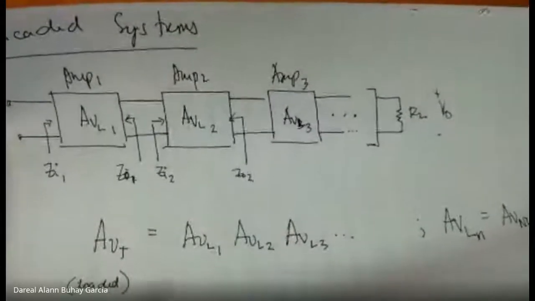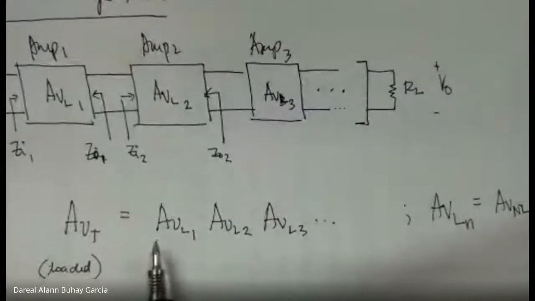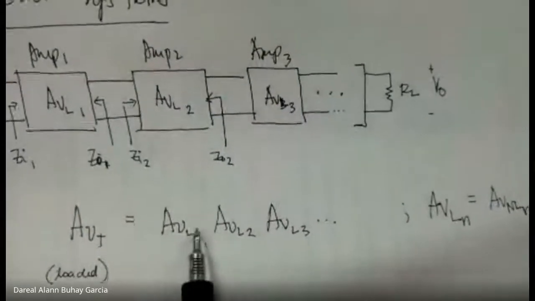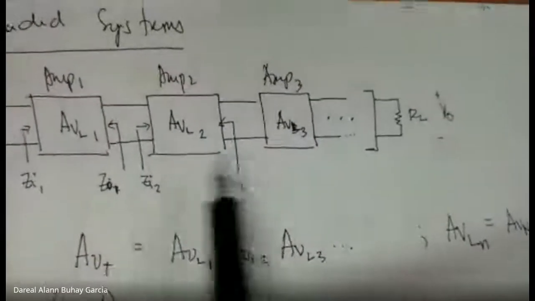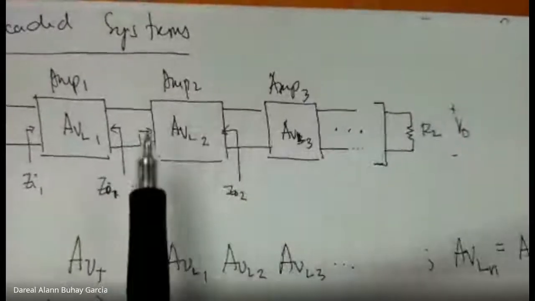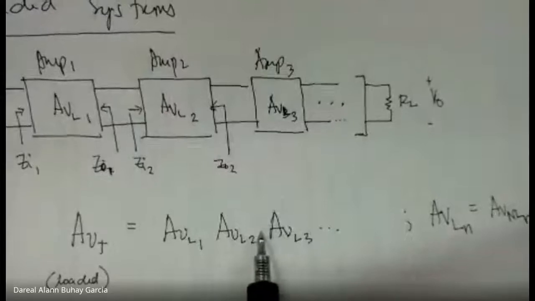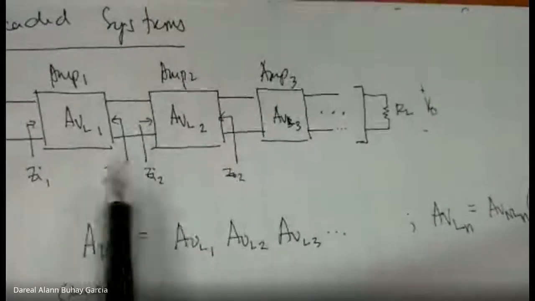Very good. It is multiplication if the given gains are unitless ratios. But if the gains are in dB, then instead of multiplying, you add. If we transform into dB or decibels, instead of multiplying, we add.